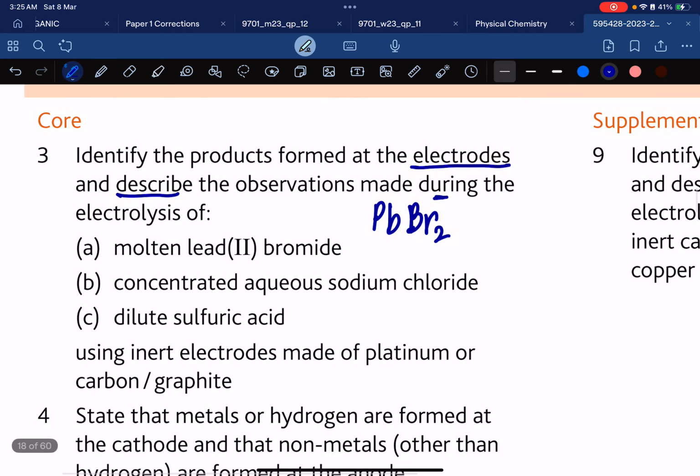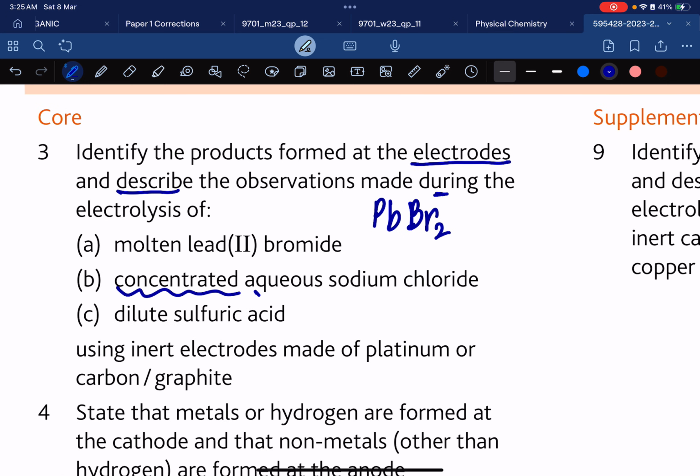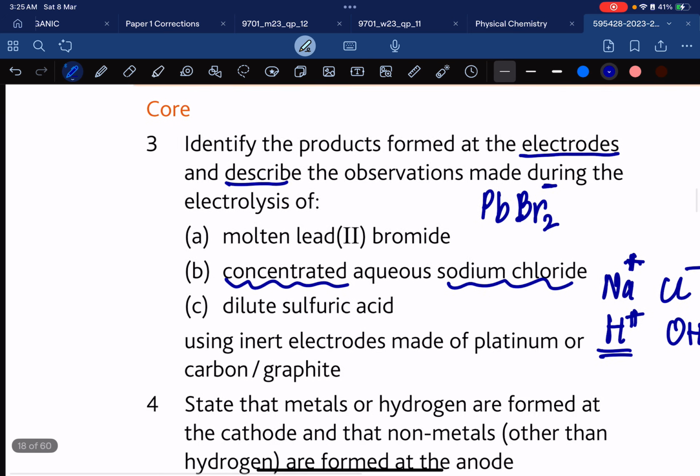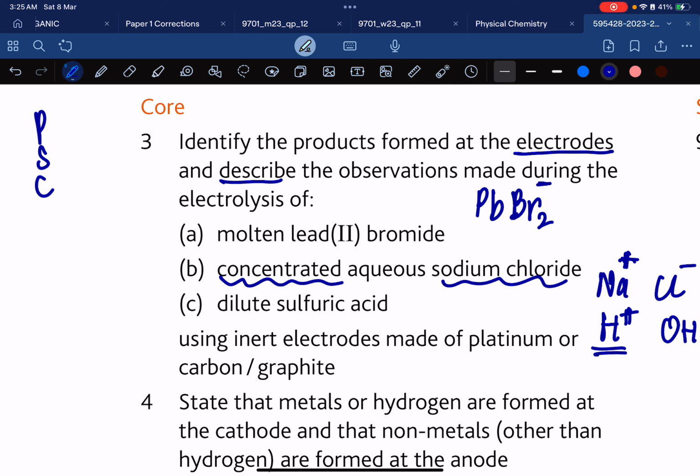Then when you go to concentrated aqueous sodium chloride, which is basically NaCl. Now whenever they say aqueous, you'll have your Na plus, Cl minus, and you'll have H plus and OH minus. Now over here, when you're selecting from this plus and this plus, the least reactive metal will go to the cathode, which is H. You need to know the reactivity series, which is please stop calling me zebra, instead learn how copper saves gold.